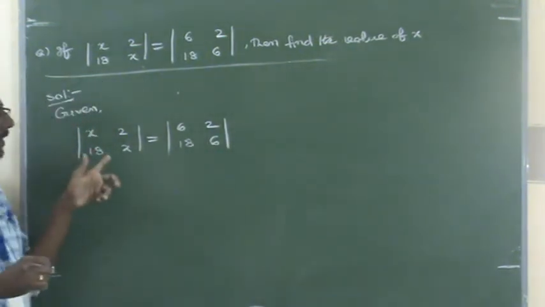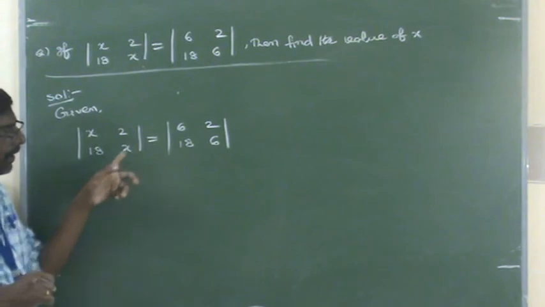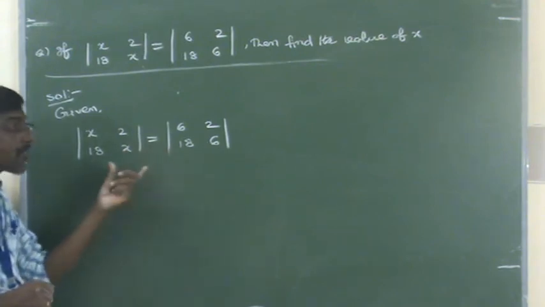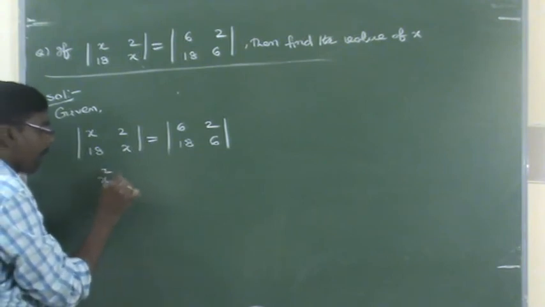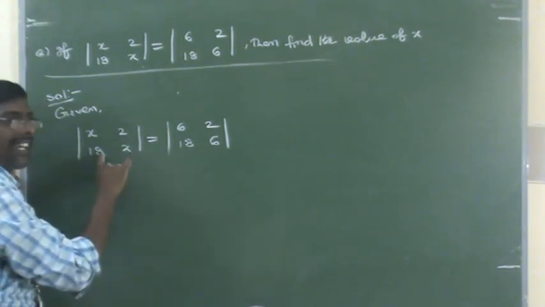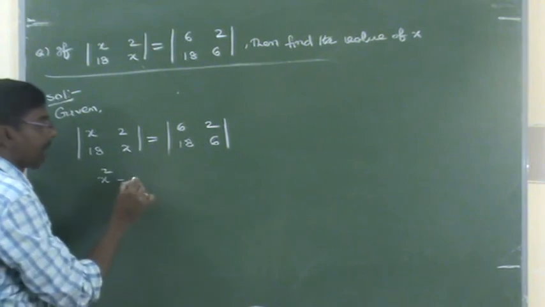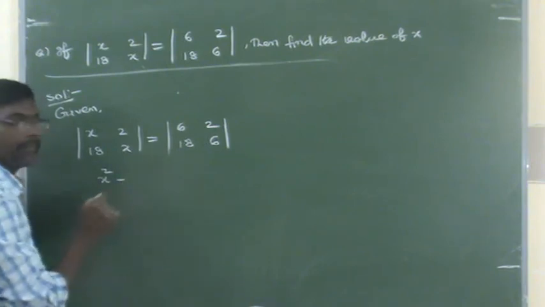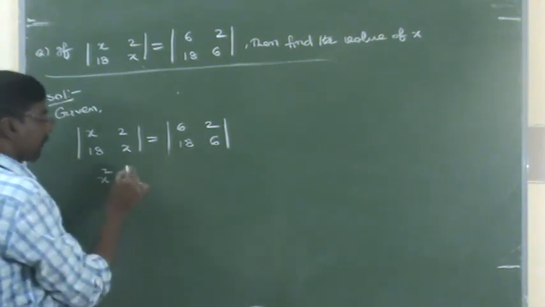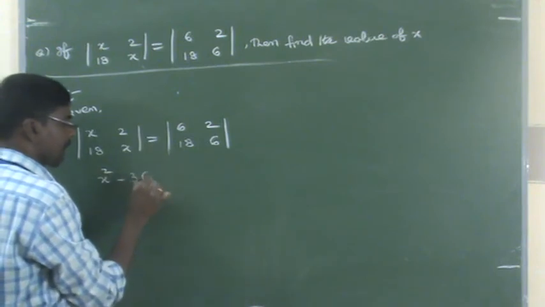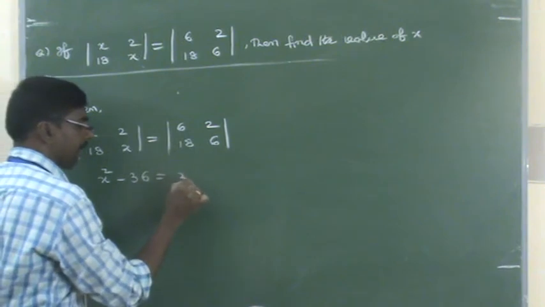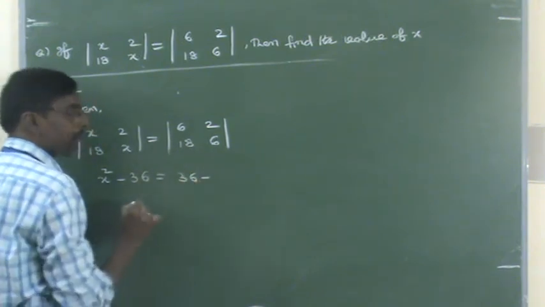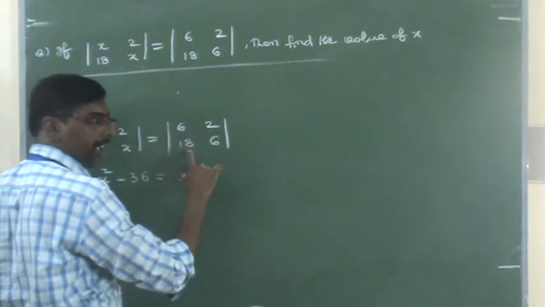So whenever these two determinants are equal, first calculate their values. x into x, x square, minus 2 into 18, 36, is equal to 6 into 6, 36, minus 2 into 18, 36.